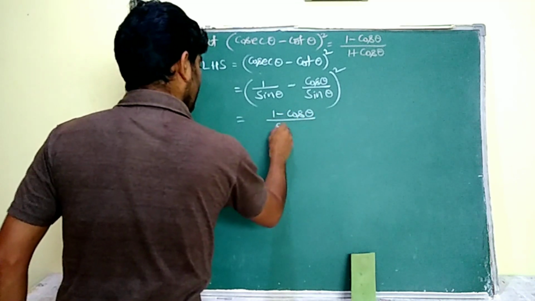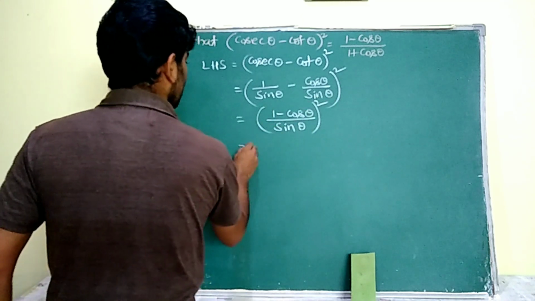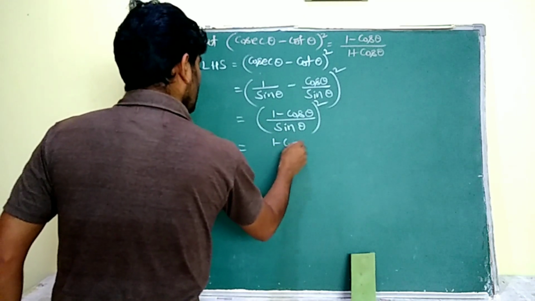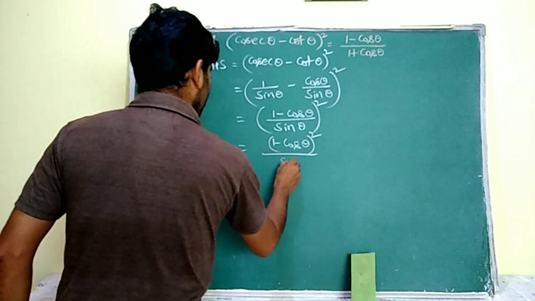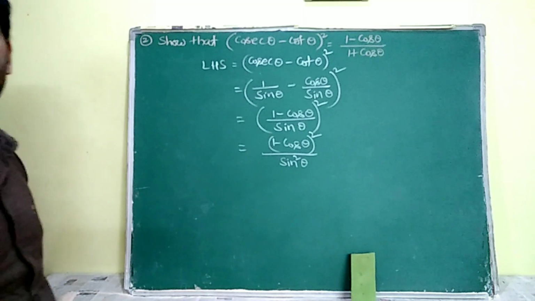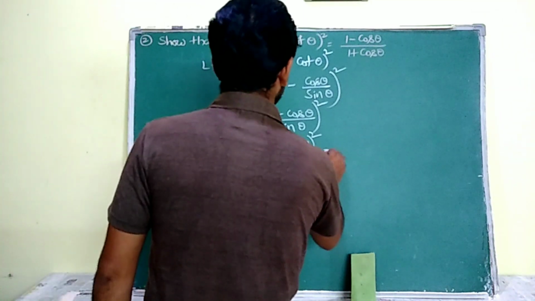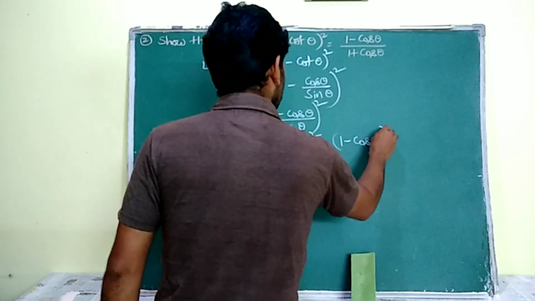1 minus cos theta by sin theta, it's whole square. So see, (1 minus cos theta) whole square by sin square theta. We know that sin square theta is nothing but 1 minus cos square theta. So I am going to express that sin square as 1 minus cos square.